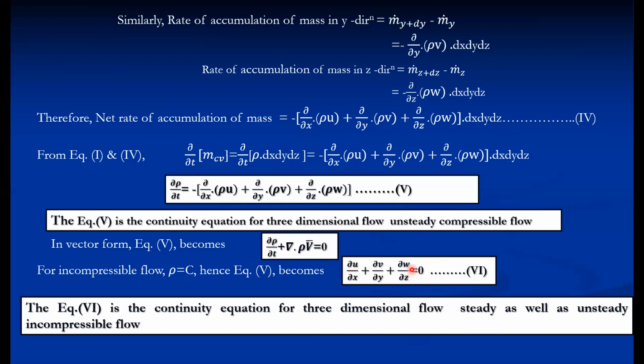So this equation is used not only for checking the possibility of flow, but if the flow is possible, this equation can be used to check whether the flow is compressible or incompressible. For a given velocity field with three components u, v, w, we differentiate u with respect to x, v with respect to y, and w with respect to z, and put the expressions here.